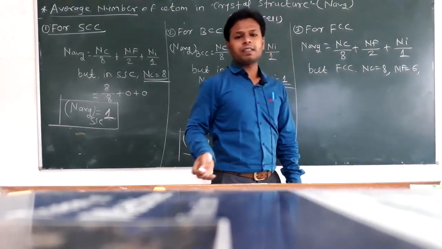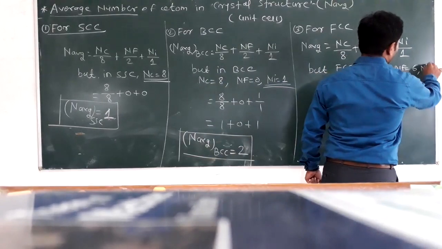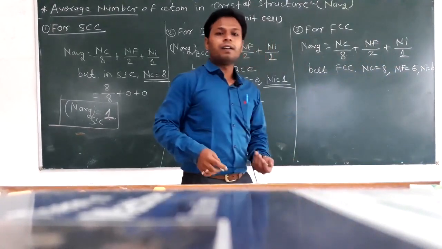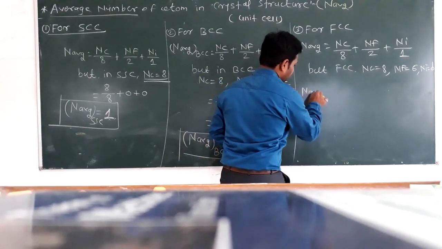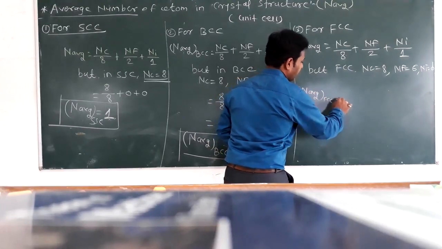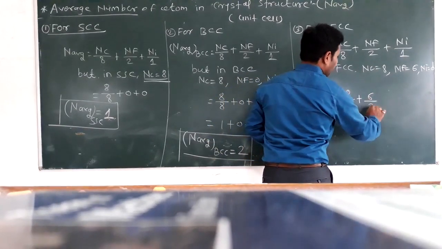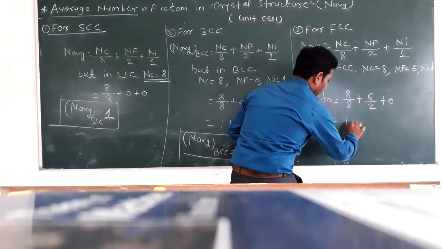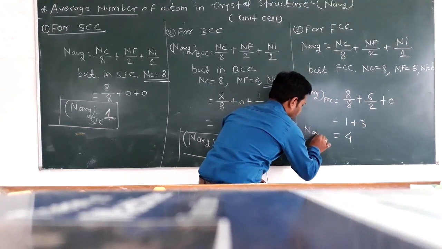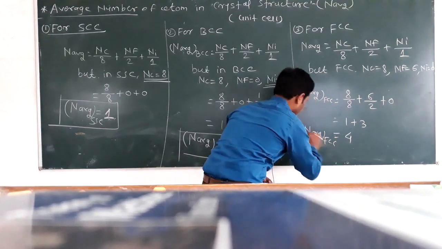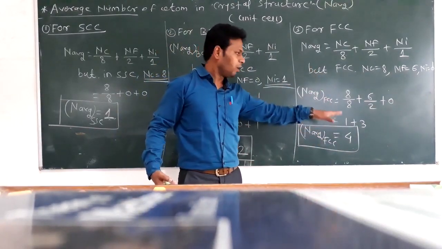There is no atom placed at the center, so Ni is equal to 0. Putting these values in our formula, the average for FCC is 8 upon 8 plus 6 upon 2 plus 0, which is 1 plus 3 equal to 4. So the average for the FCC structure is equal to 4.